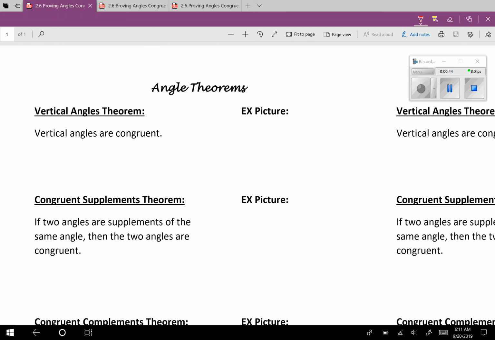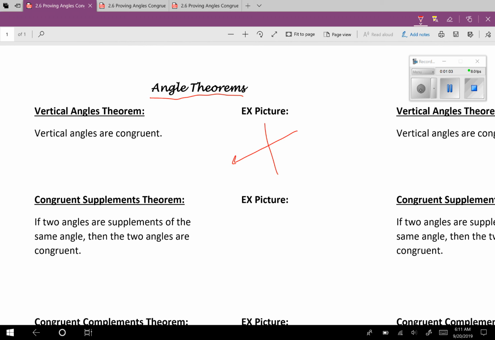First off, we're going to start with the page that says angle theorems. It says vertical angles theorem: vertical angles are congruent. We'll draw a picture.